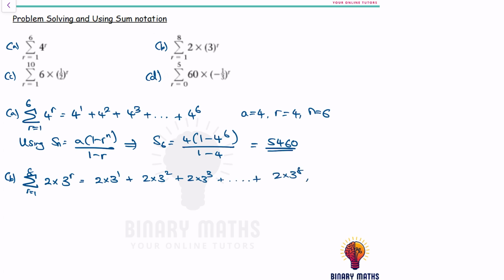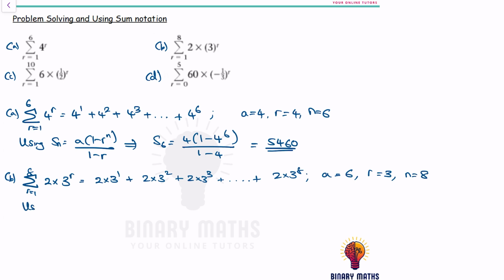So in this case, we have a is equal to 2 times 3 to the power of 1, which is 6. r is equal to 3, because we're multiplying each term by 3 to get the next one. And n is equal to 8, because 1 to 8, there's 8 terms.